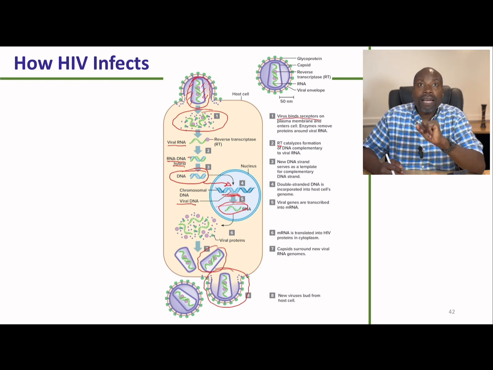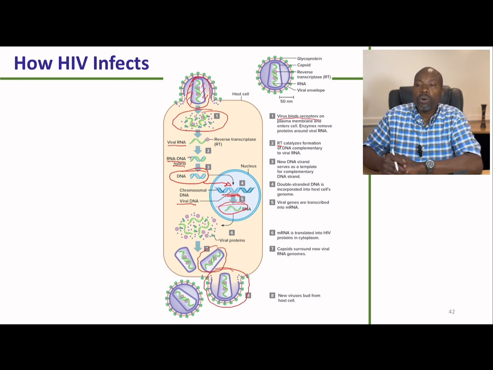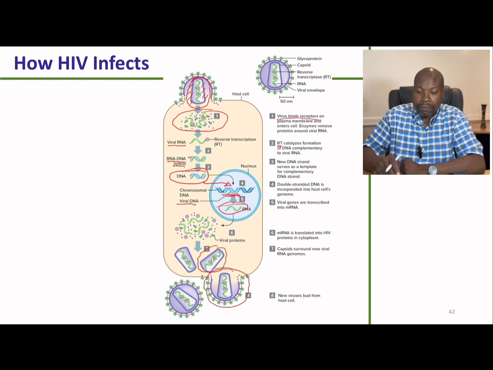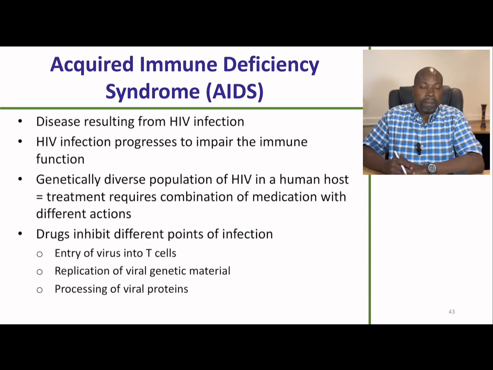From one virus we started with, we are going to have hundreds and hundreds, if not thousands, of viruses that are going to go around and infect other white blood cells, causing our white blood cells to die, and eventually we become immunocompromised.